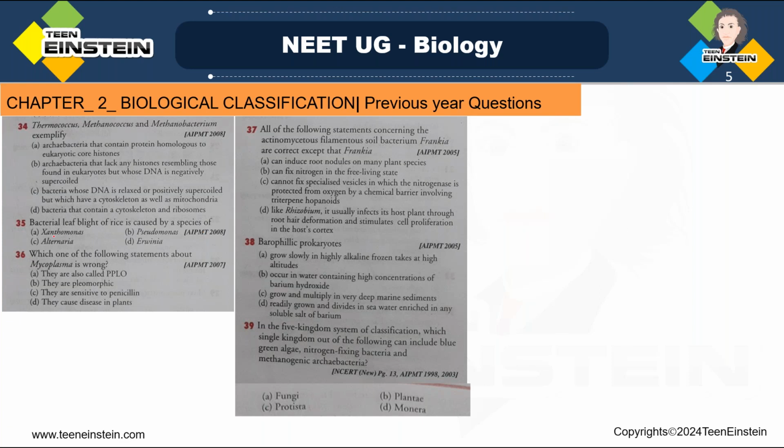Four options are there: Xanthomonas, Pseudomonas, Alternaria, Erwinia. So which is causing bacterial leaf blight of rice? Here the right answer is Xanthomonas. Here we need to write the complete name. Question number 35, Xanthomonas oryzae. That's the right answer.